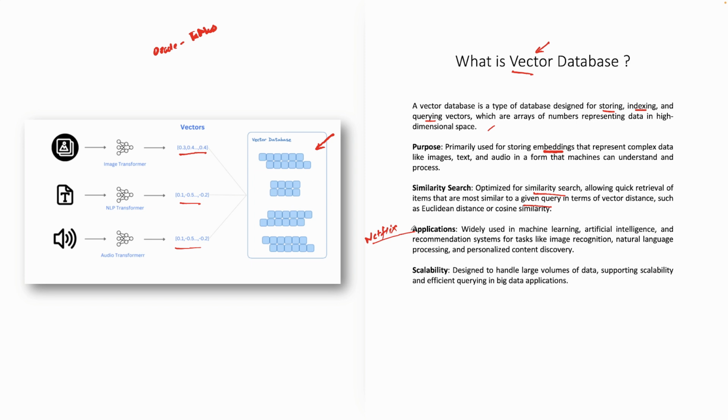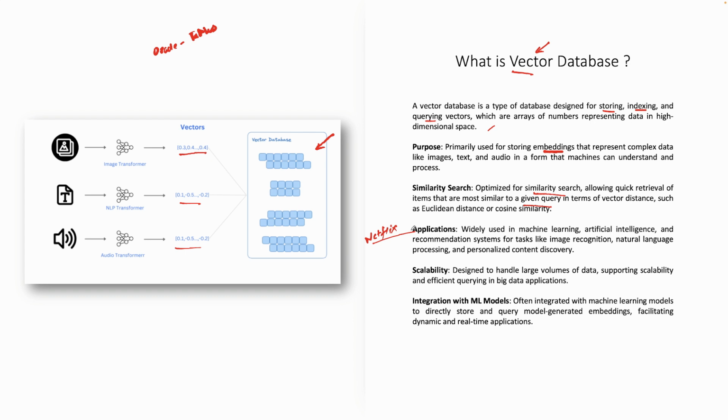It is designed to handle large volumes of data and support scalability and efficient querying in big data applications, because we are breaking a complex or big object into a smaller set of numbers. That's why it can easily handle large volumes of data.